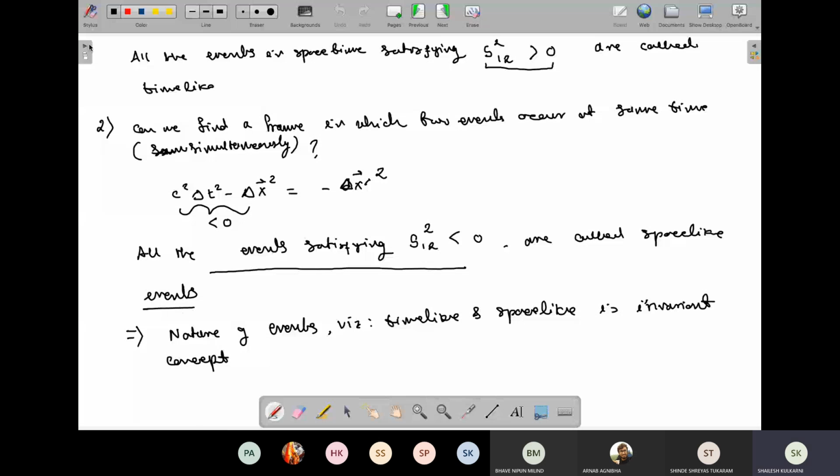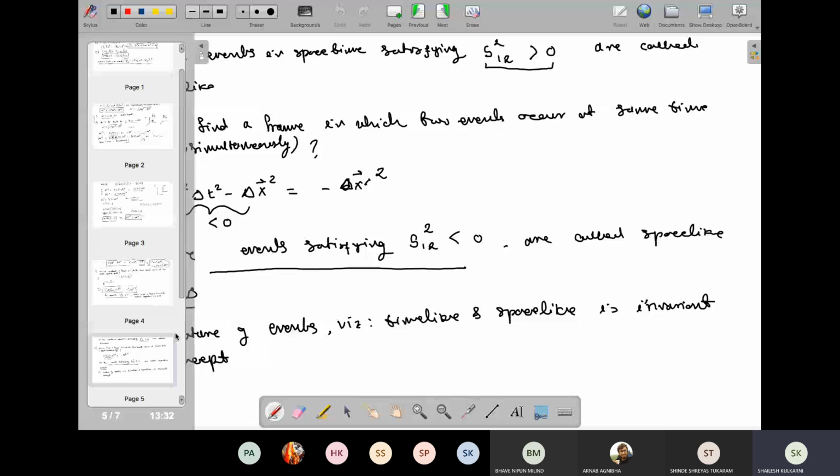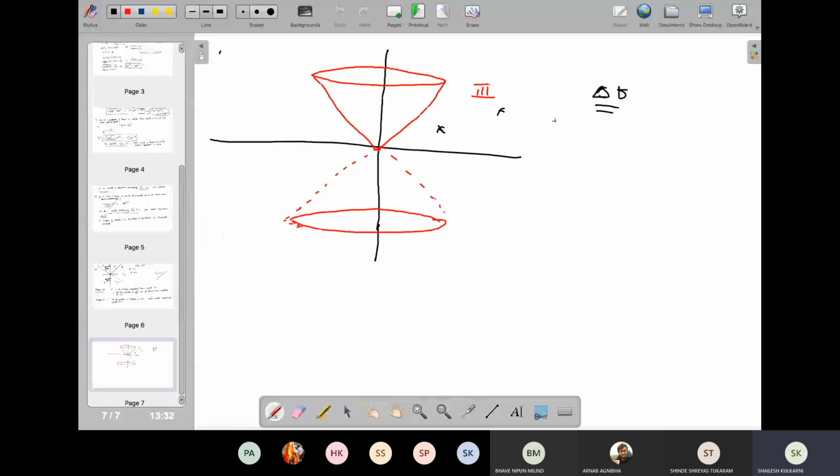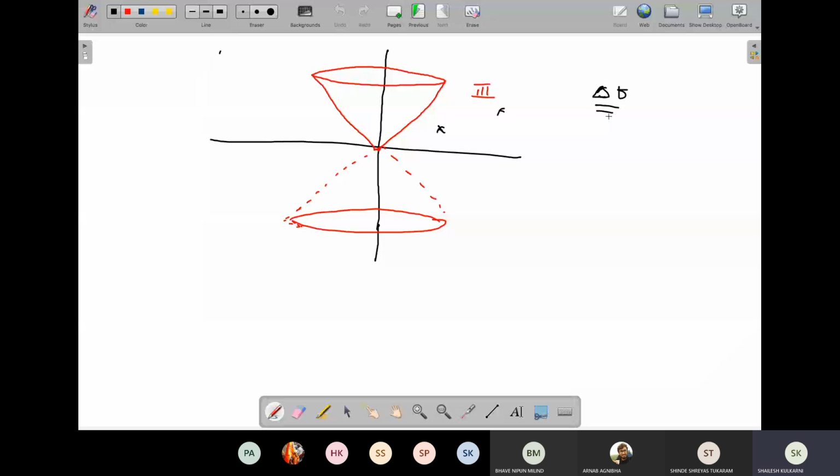For events like these, I can always find a frame in which delta t is 0. On top of that, I can always find a frame in which delta t is negative also. If I can make delta t 0, I can make delta t negative also, so there is no notion of future and past here.